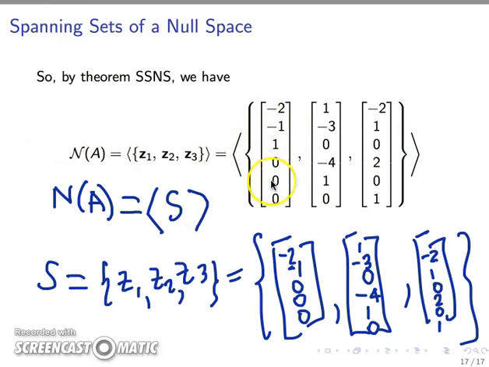Notice that the notation may be a little convoluted, but this here denotes that this is indeed the span of the set S in the middle. When you write S, you have to write the braces, but this is another way of writing it. Indeed, the null space of this matrix is exactly equal to the span of the set defined by these vectors, and those vectors were calculated by using the theorem.